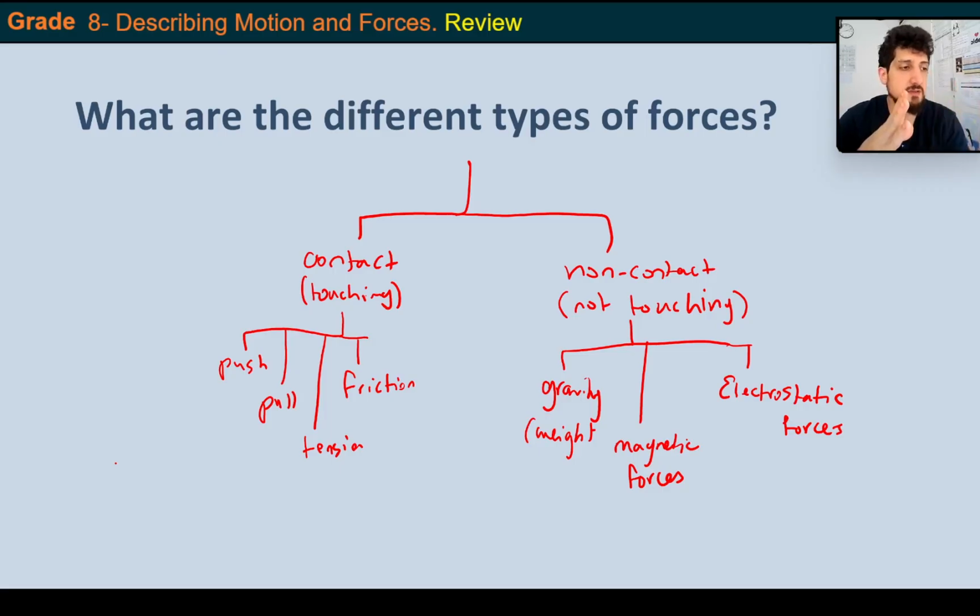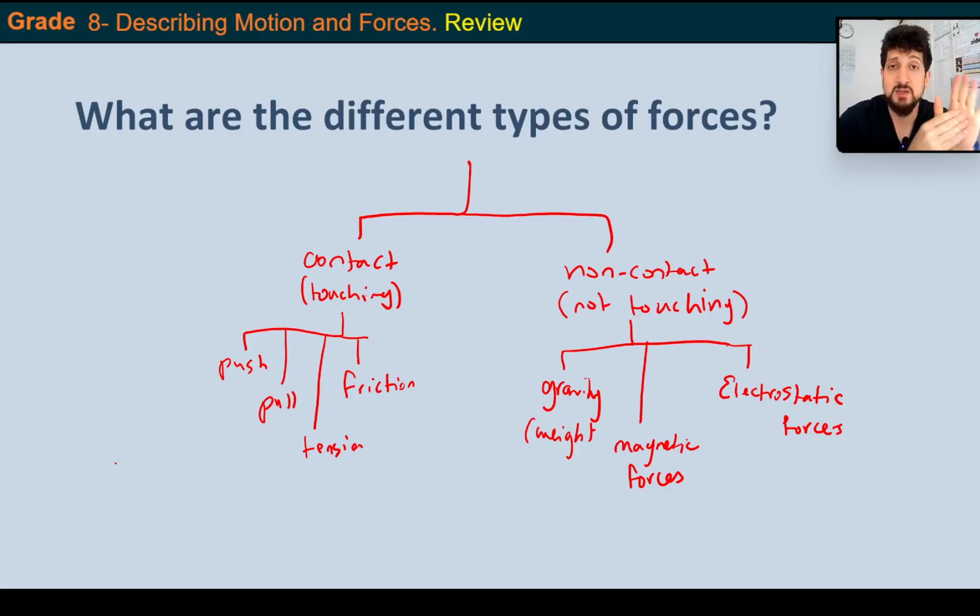However, if the other material doesn't have a lot of electrons, then it's generally speaking polarized, which is positively charged, and something we talked about in the classroom. And then this object, which is negatively charged, will be attracted to the other one. So 3 different types of non-contact forces: electrostatic forces, magnetic forces, and gravity.